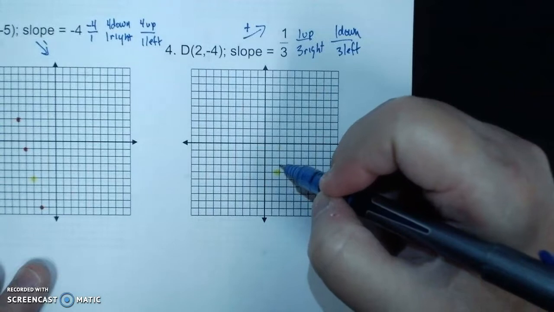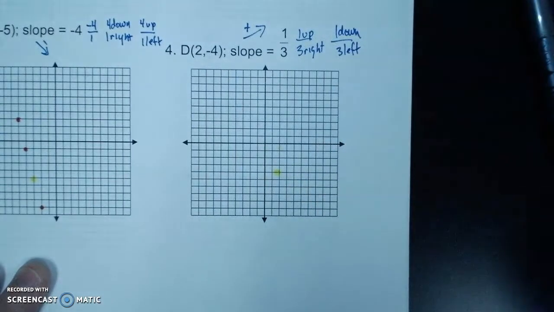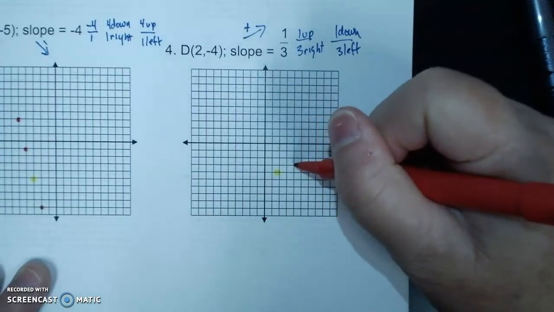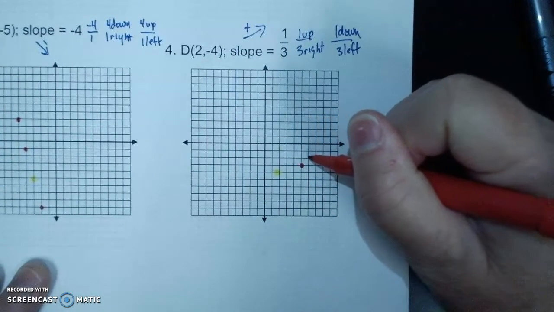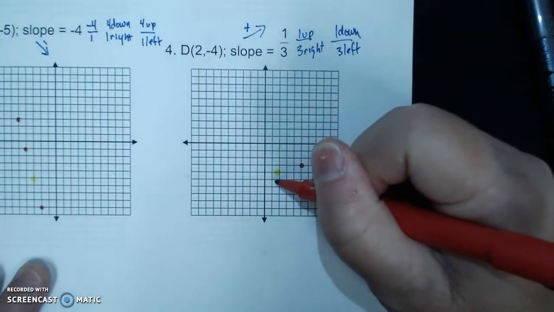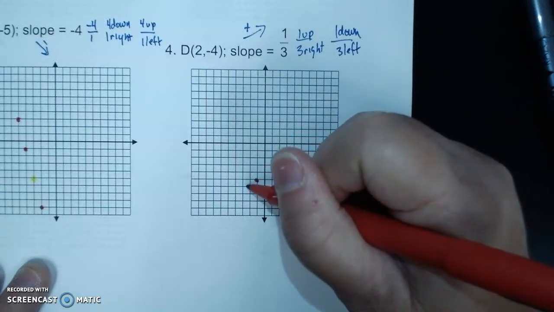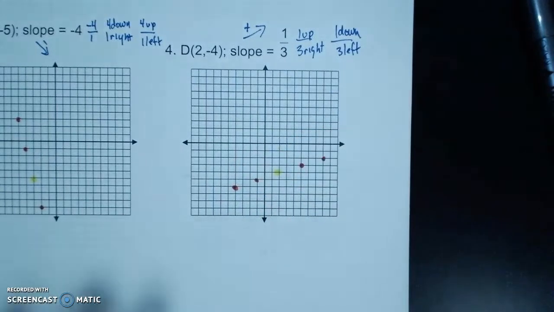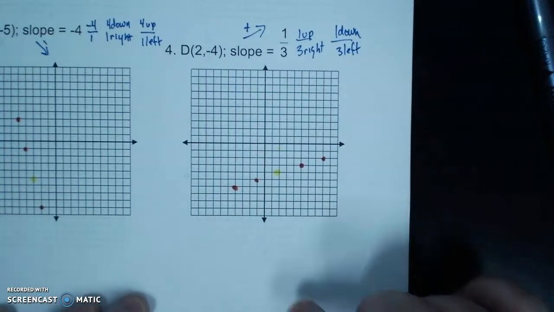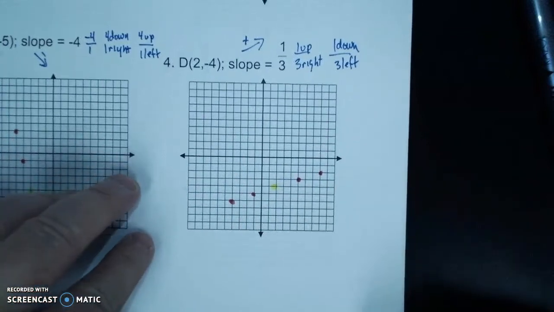So 1 up, 3 right. One up, 3 right. That's going to continue on. 1 down, 3 left. So if you connected those, that would create a straight line.